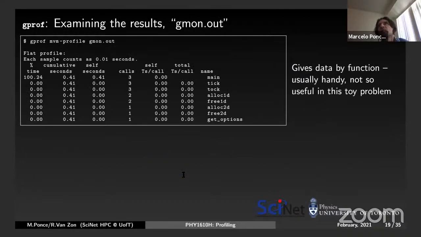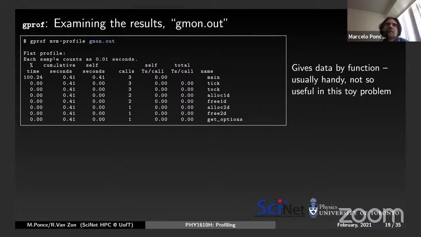For looking at the output, you will run this command called gprof. It's the profiler tool indeed. You will specify the executable that you used, and then the gmon.out file. This allows connecting information between the sampling and the code itself.